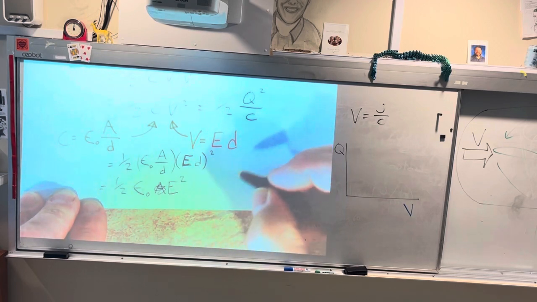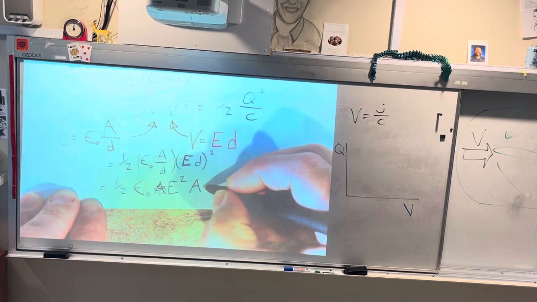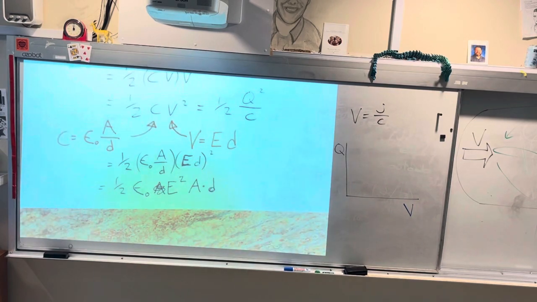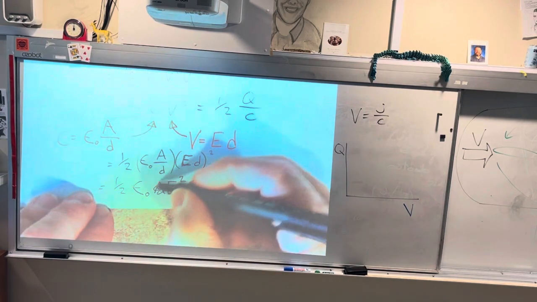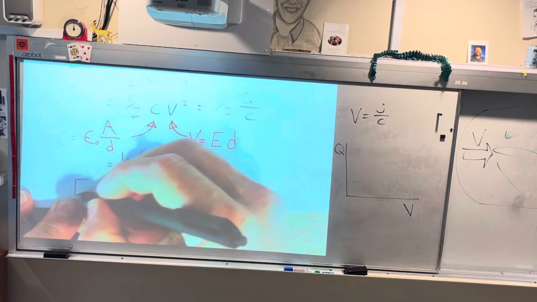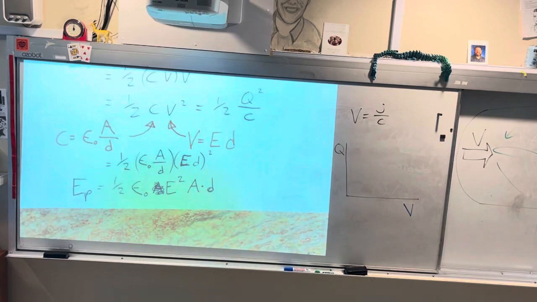It's going to have to be squared, and then you're going to have A D. And this is all potential energy stored.